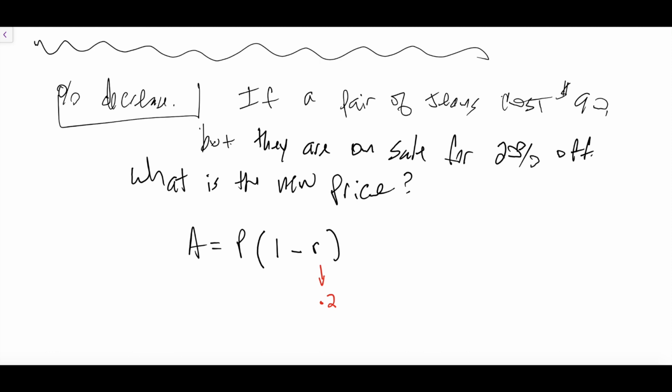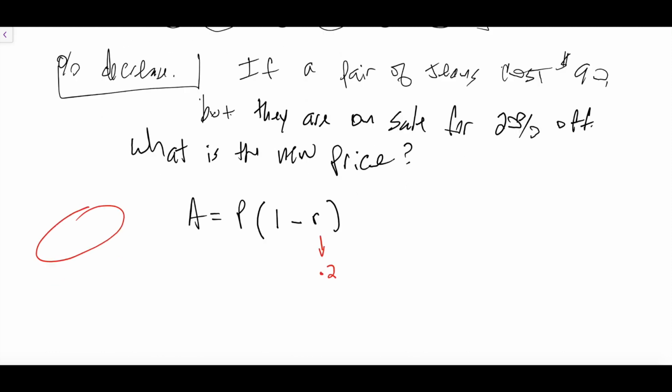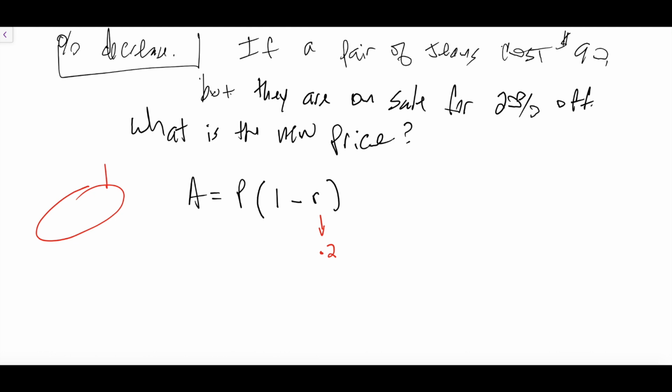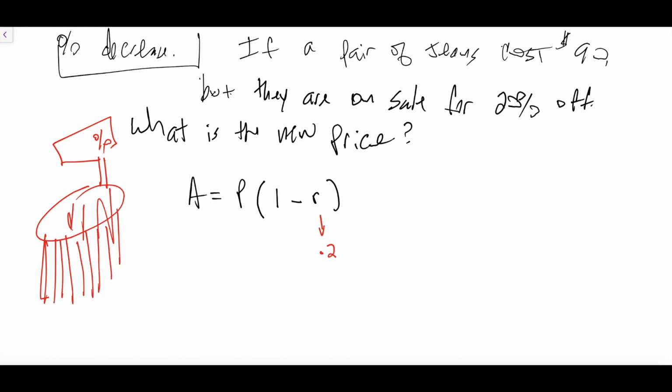We don't have the OG? If you're physically going to Nordstrom's, do we know the price of the pants? If we're right here and here's the rack and it's got a sign on it with a percent discount, do we know this number up here? What's our percent off? 0.2.